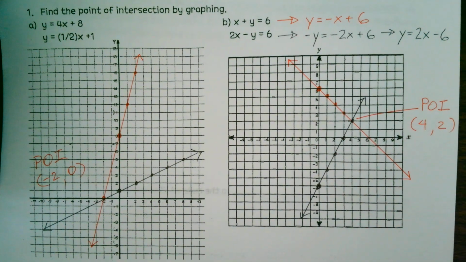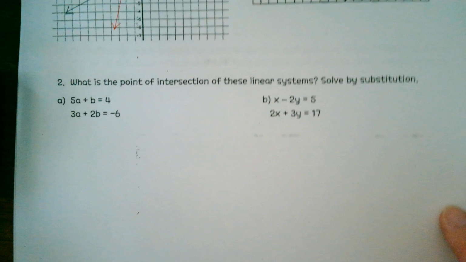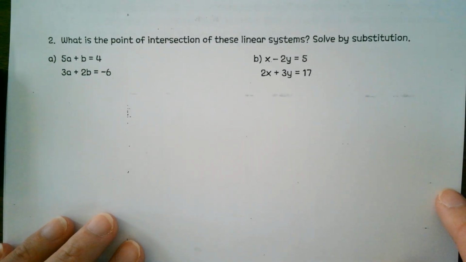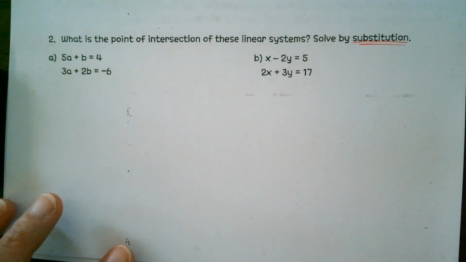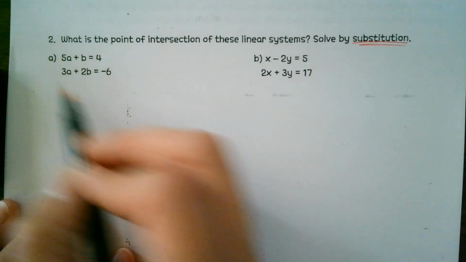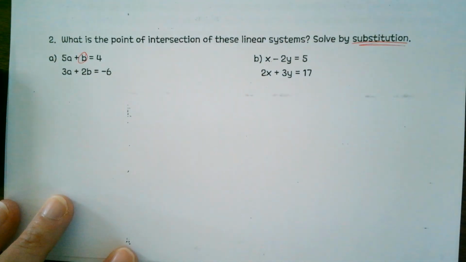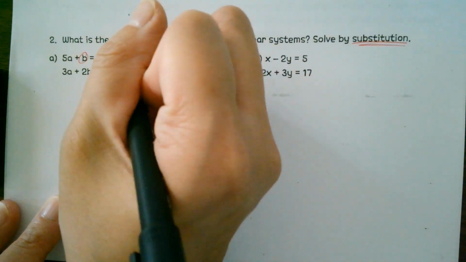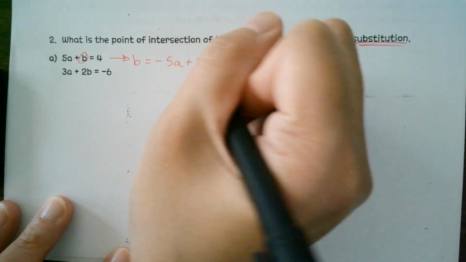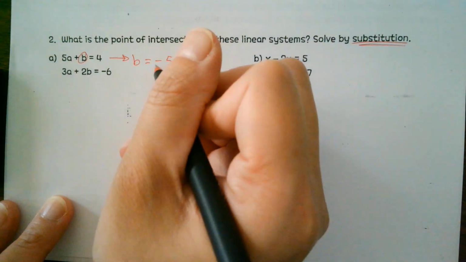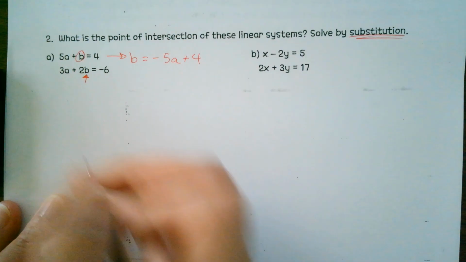Okay, any question on the graphing? Okay, all good. Next, what is the intersection point of these linear systems solved by substitution? Looking at this, the first equation looks like the easiest variable to isolate. So b equals -5a plus 4. I'm going to sub this in for this b in my second equation.